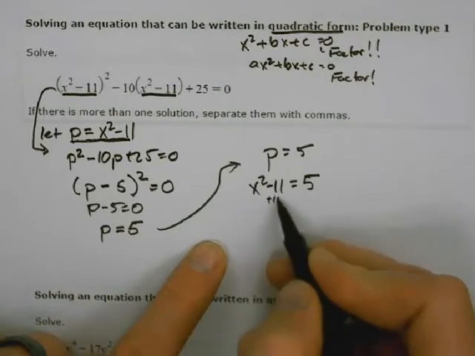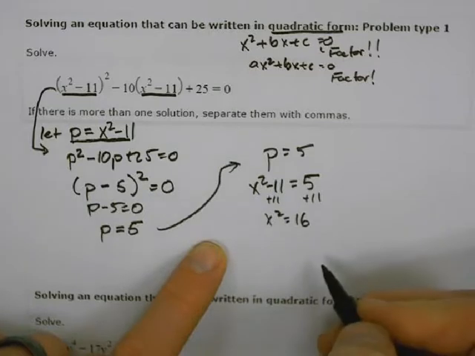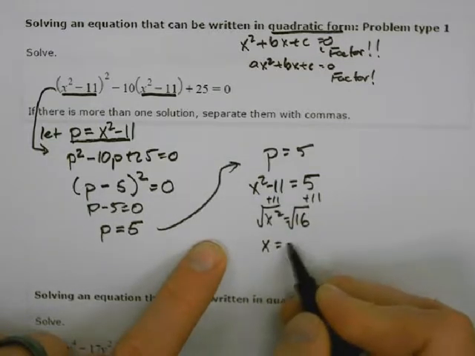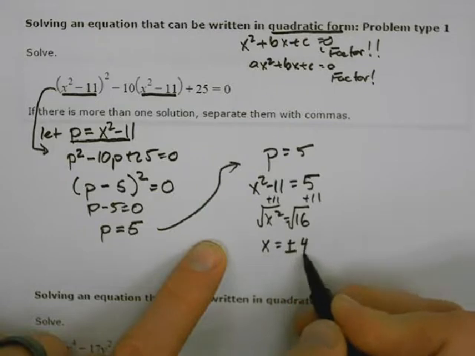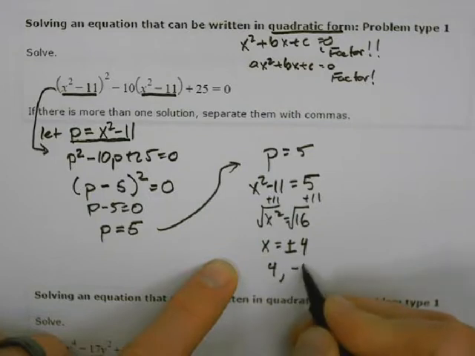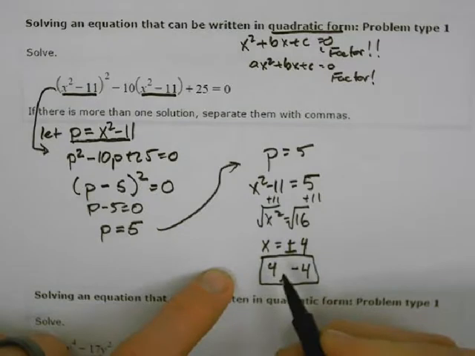I'm going to add 11 to both sides, and I get x squared equals 16, and now I can solve by square rooting, and I get x equals plus or minus 4. So my solutions for this problem are 4 and negative 4.